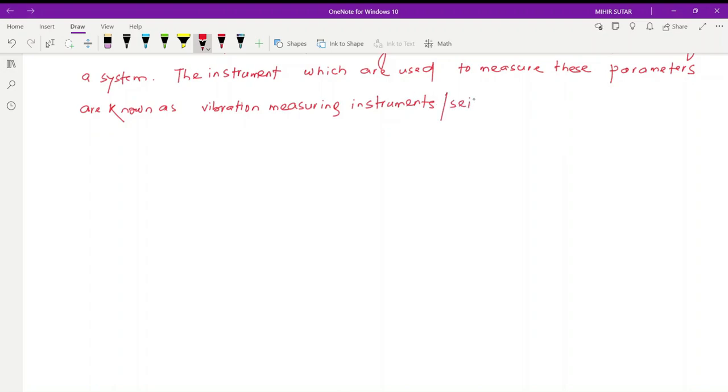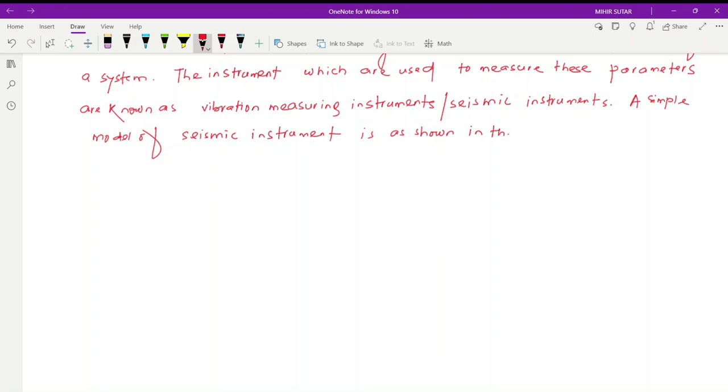or we call them seismic instruments. A simple model of a seismic instrument is as shown in the figure.